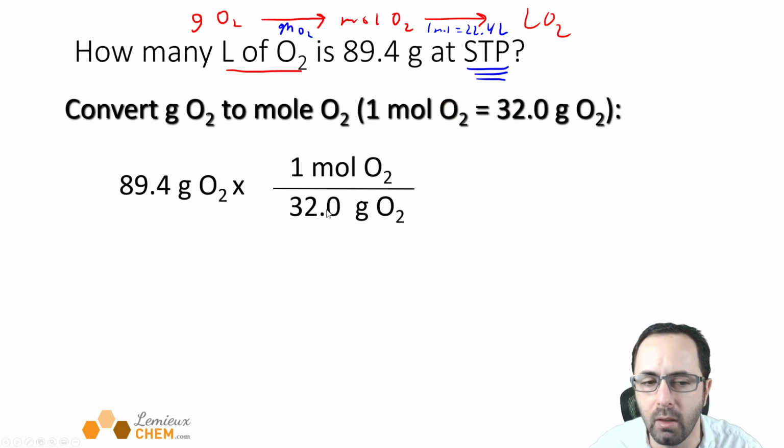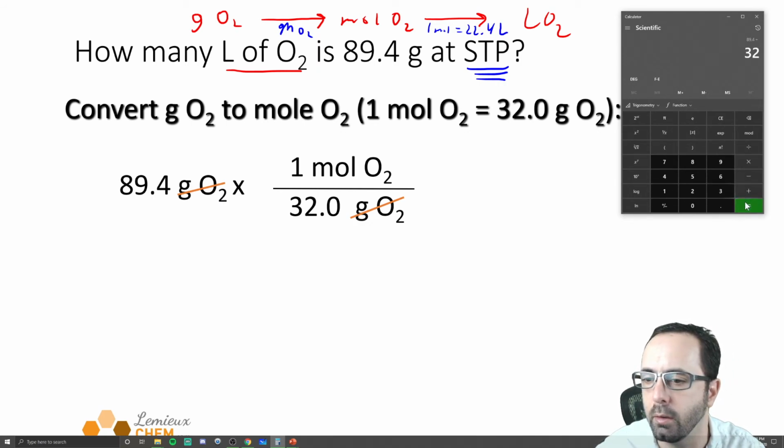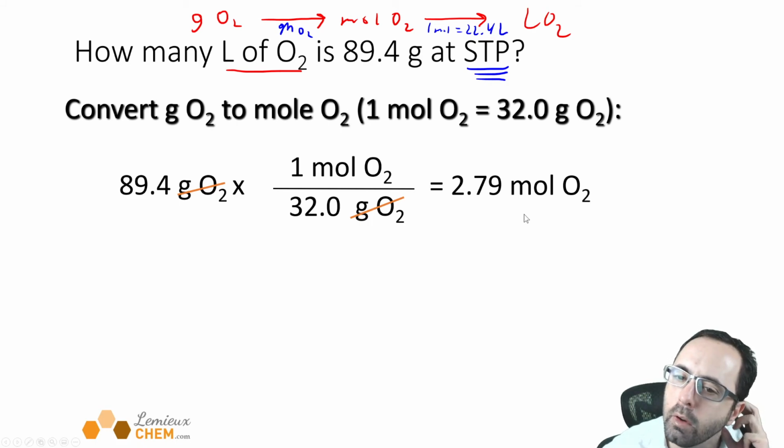So we fill those in, we cancel our grams of O2, and we'll have moles of O2 here. We calculate 89.4 divided by 32, which gives us 2.79. And 3 sig figs is good. These both have 3 sig figs. So 2.79 moles of O2.